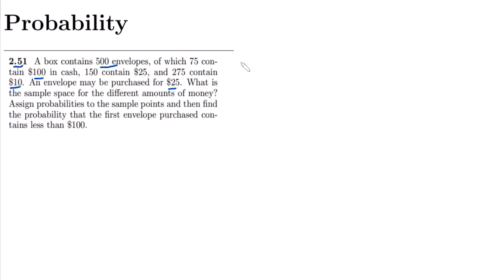So let me first solve the first part of this question, and that is the sample space for different amounts of money. So we can see which are the different amounts. We have the amount of $100, similarly the amount of $25, and also the amount of $10.